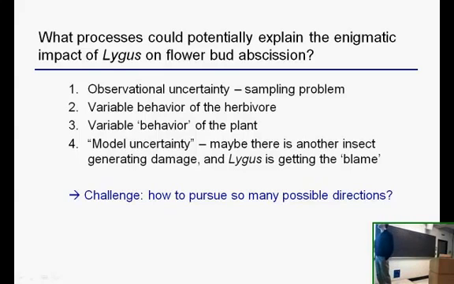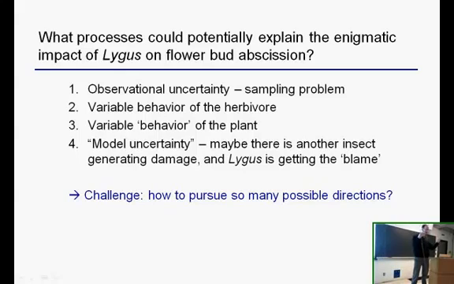It could also be variable behavior of the herbivore. So Lygus acting as an omnivore is one possible basis for variable herbivore behavior, but there could be many others. It could instead be variable behavior or responsiveness of the plant. Maybe Lygus is generating a consistent amount of damage, but the plant then varies in its response to that damage. And finally, there could be what could be called model uncertainty.